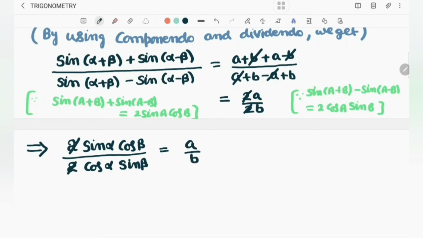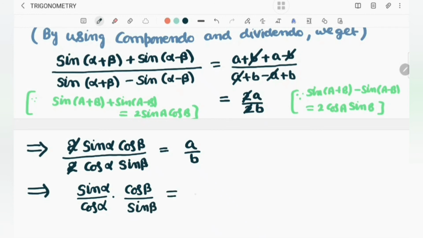So 2 get cancelled. Sin alpha by cos alpha into cos beta by sin beta is equal to a by b.